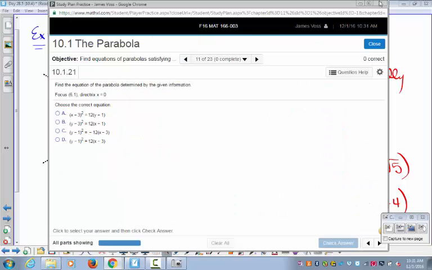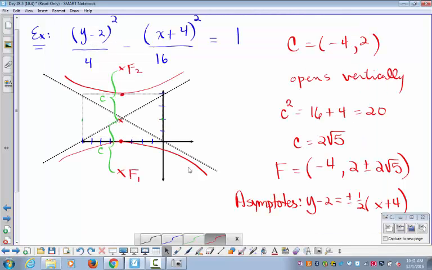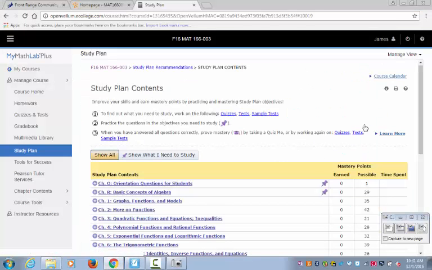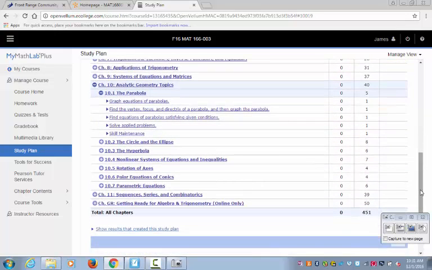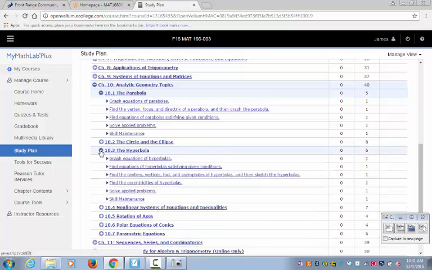I think it's 10.3, right? 10.2. Thank you. Oh, wait, I see it as 10.3. Oh, did I say ellipse? Sorry. Thank you. I mean this.